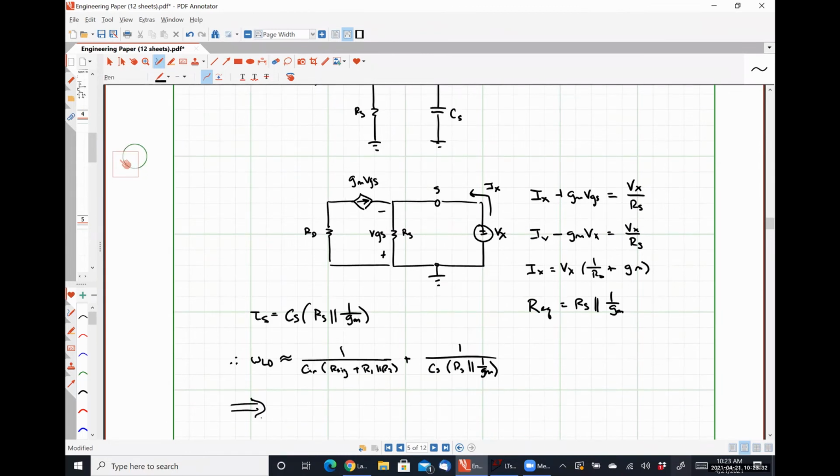If we plug in our numbers for these values, we find that our estimate for our low frequency is 167.442 kilohertz, which is actually pretty darn close to where the midband begins. We saw that it began at 166 and change kilohertz. So this is a fairly good estimation.